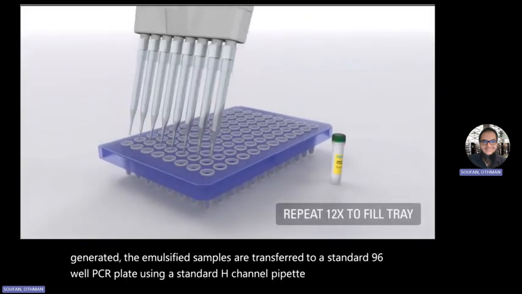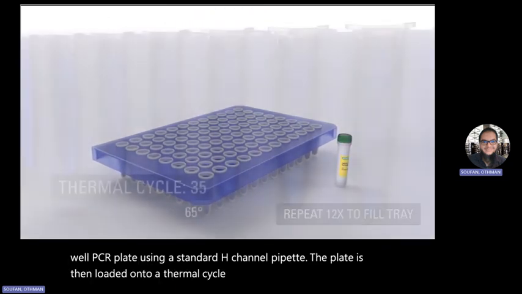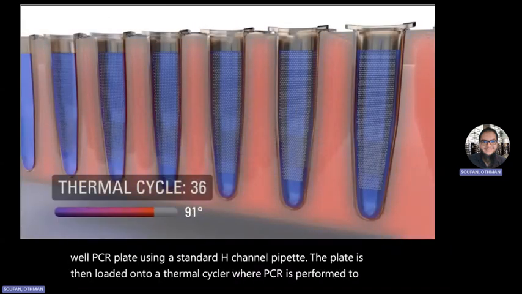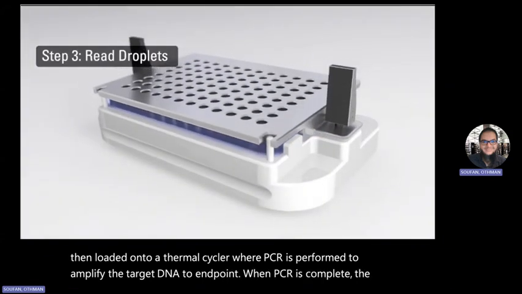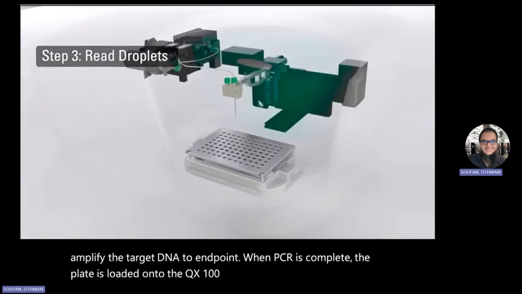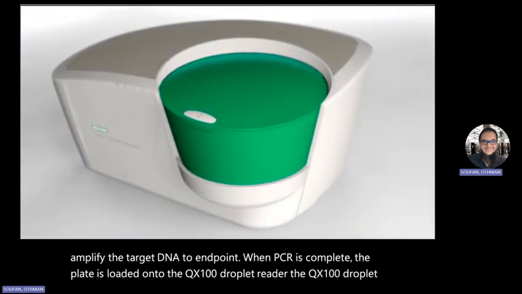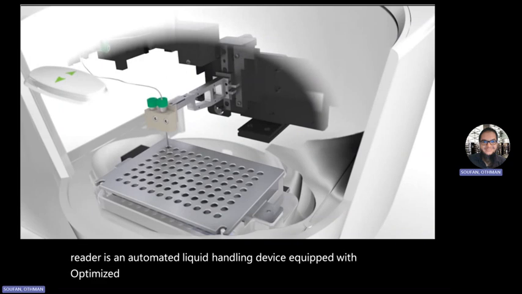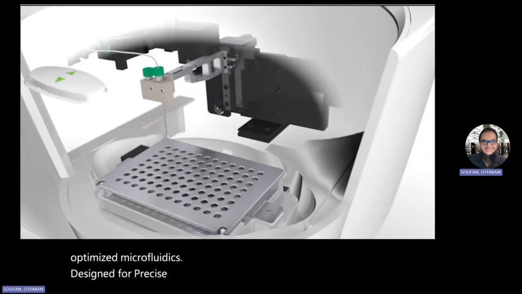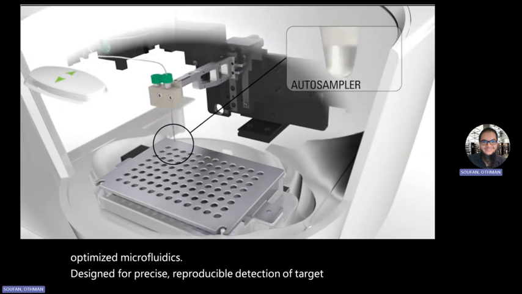The plate is then loaded onto a thermal cycler, where PCR is performed to amplify the target DNA to endpoint. When PCR is complete, the plate is loaded onto the QX100 droplet reader. The QX100 droplet reader is an automated liquid handling device equipped with optimized microfluidics designed for precise, reproducible detection of target DNA sequences, droplet by droplet.